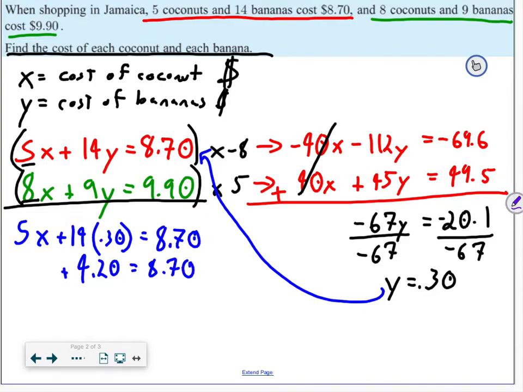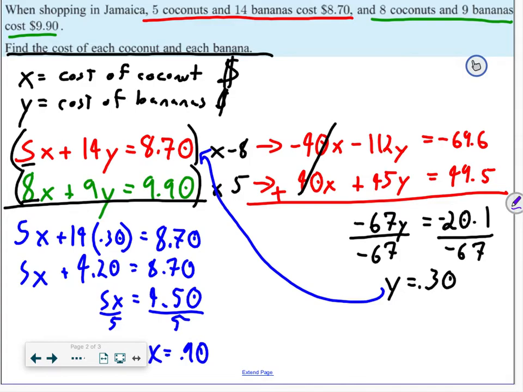Then I can subtract that 4.20 from both sides, and I can see that the cost of my coconuts alone was $4.50. Dividing by 5, I'm going to get x is equal to 90 cents.